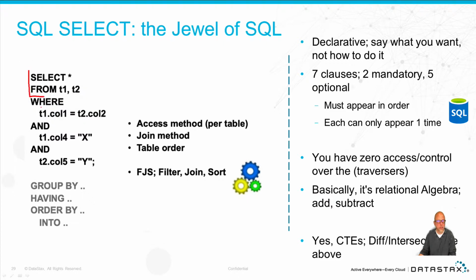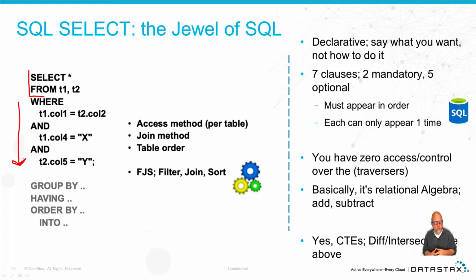So these are mandatory, and they must appear first. After that, there are up to 5, depending on your SQL implementation, maybe 6, maybe 4, optional clauses that can appear in a SQL Select. Where is very common. It applies a query predicate. It restricts the result set so you don't have to read the entire database. It also specifies join relationships between 2 or more tables.